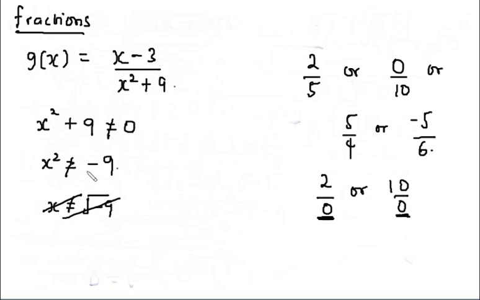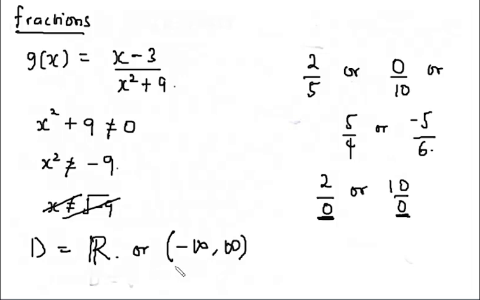There's no value of x whose square will give you minus 9. This means that for this fraction, the domain is equal to all real numbers. Or you can write it in interval notation as negative infinity to positive infinity.